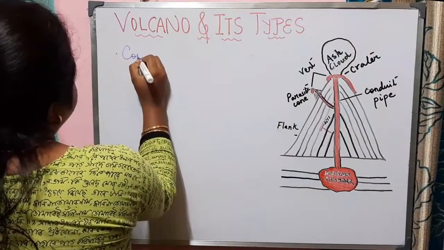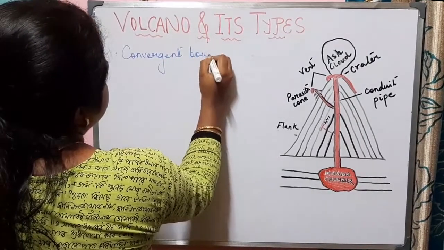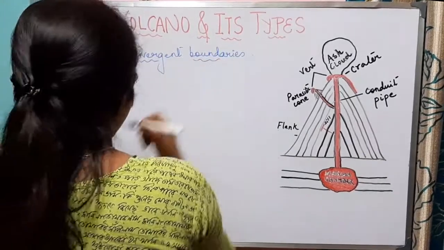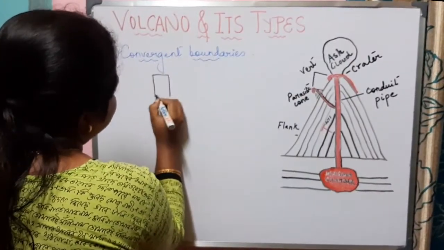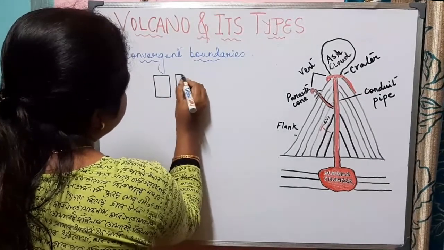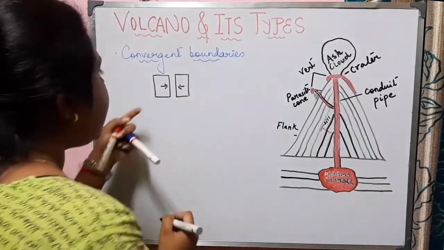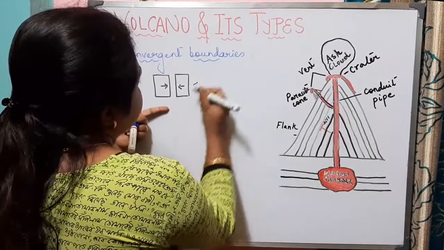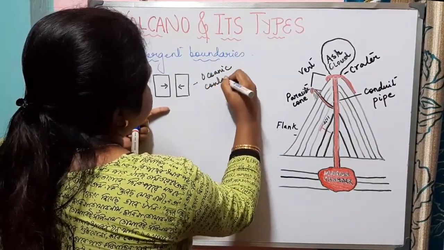Number one are the convergent boundaries. What are convergent boundaries? When two plates move towards each other, that is referred to as a convergent boundary. Now here the plates are of oceanic and continental origin.